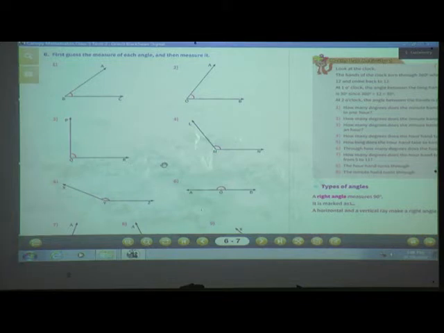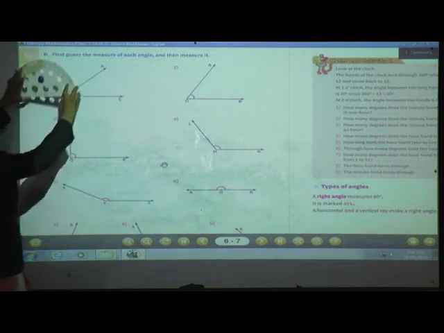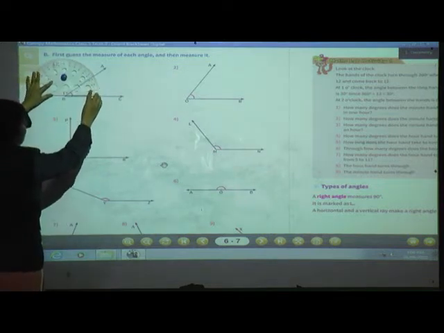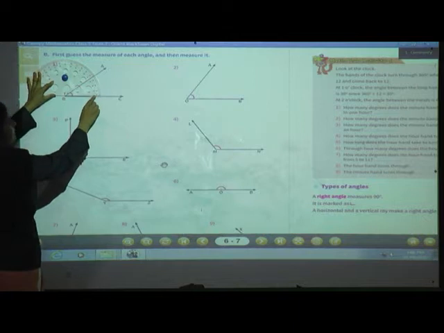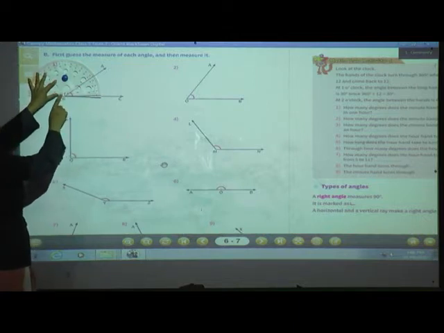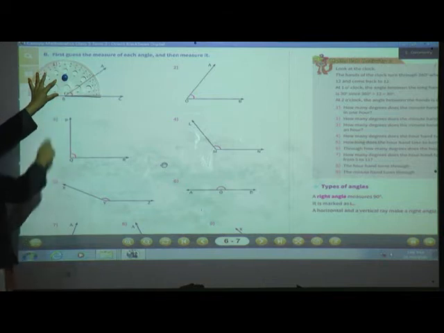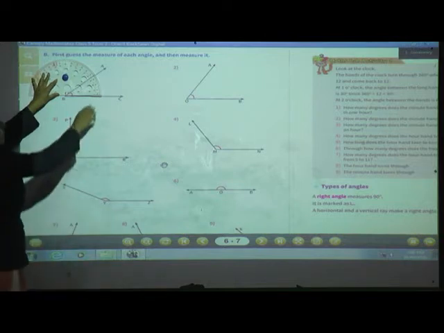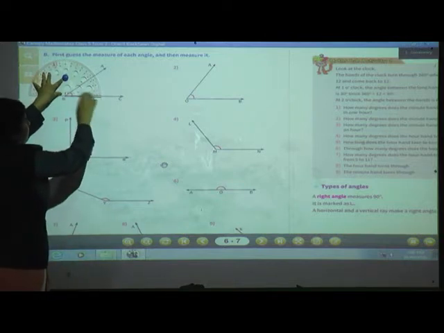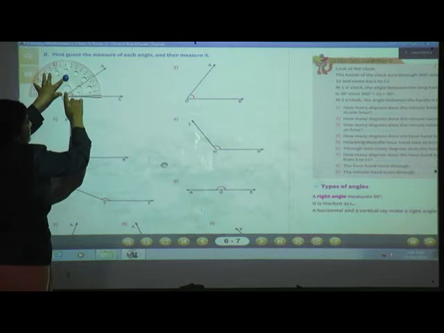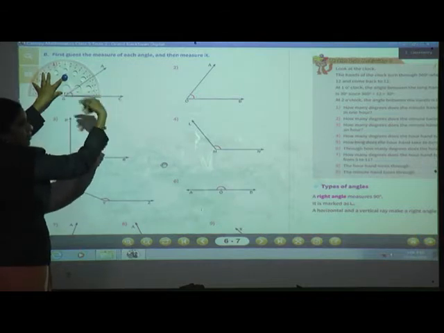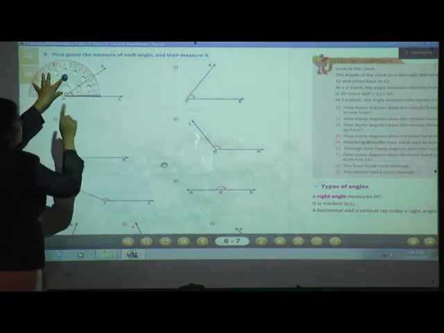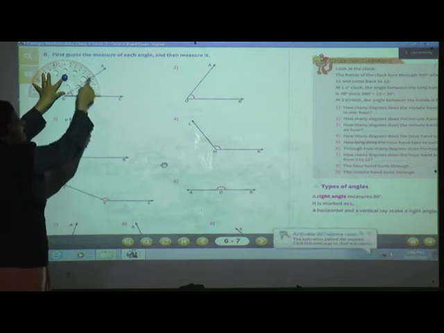So first one, see students, use your protractor and the baseline of the protractor should be on this ray, and the center of the protractor should be on the vertex. Which one is the vertex here? Vertex B. The arrow is on the right side, so you have to measure by inner scale.